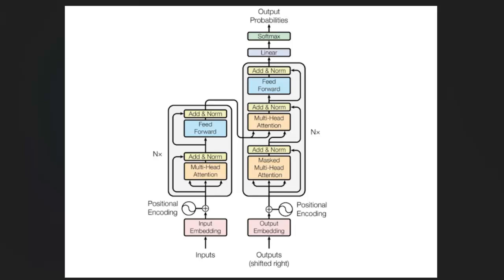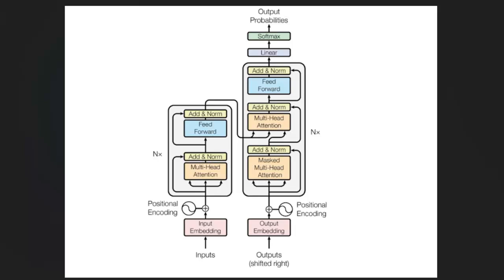One of the key innovations of transformers is the self-attention mechanism, which allows the model to focus on different parts of the text data when processing it. This mechanism enables transformers to capture long-range dependencies in the data more effectively.